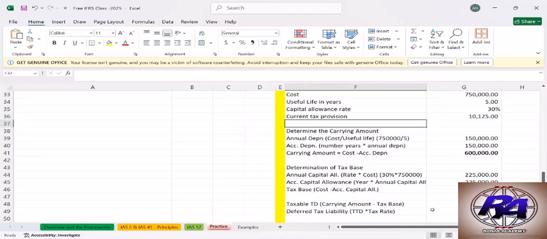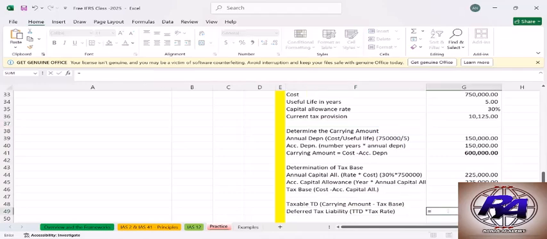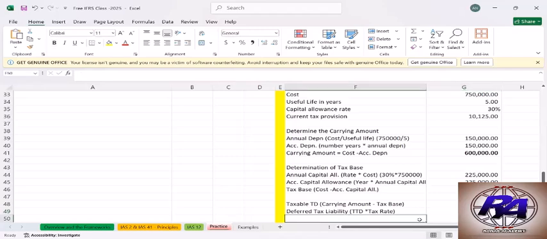So our deferred tax liability is going to be the 75,000, this amount, multiplying our 25%, which is giving us 18,750 Ghana cedis. So our deferred tax liability is 18,750 Ghana cedis.